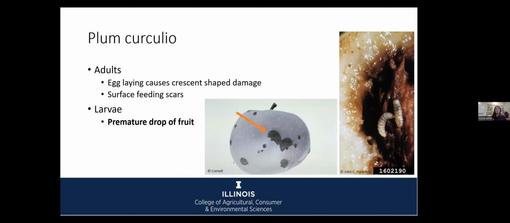So fruit will drop prematurely from the tree, and basically any fruit that has a plum curculio in it will drop to the ground, so that that beetle larvae can then go into the soil and pupate. I will say that within a peach orchard that I'm aware of, they had fruit drop, basically all the fruit within like 5 to 10 days, it all drops. So it's fast.